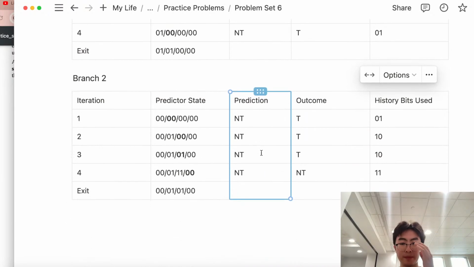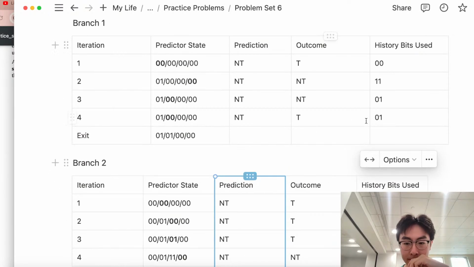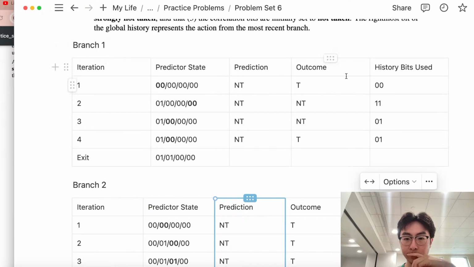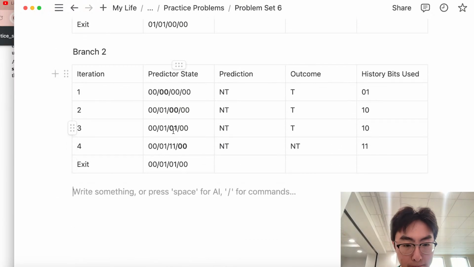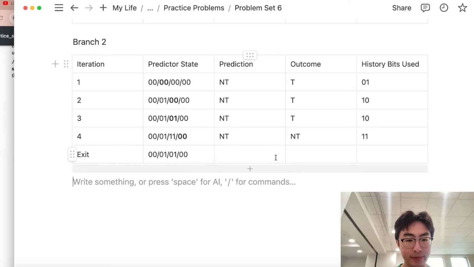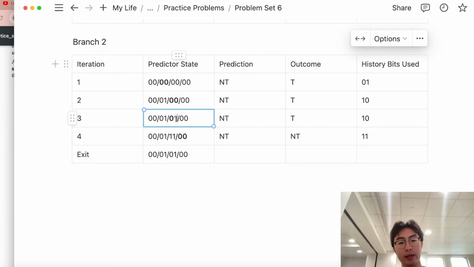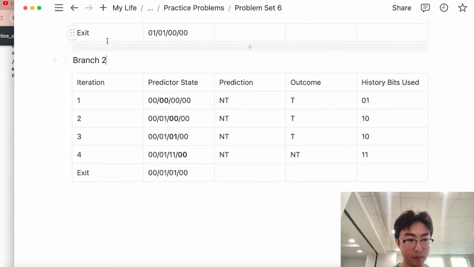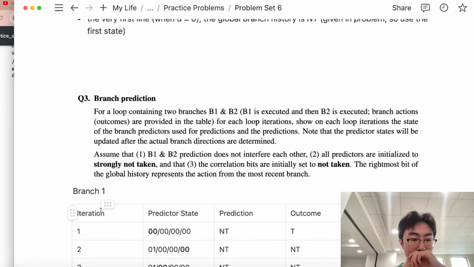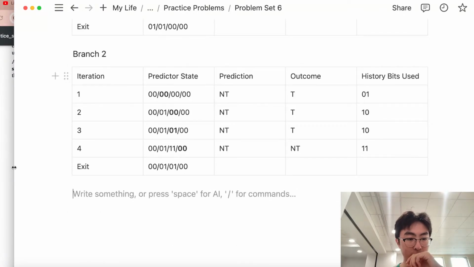Okay, here we go. Nice. Alright. So I guess this is a weakly not taken. Alright. Branch prediction. So that's good.